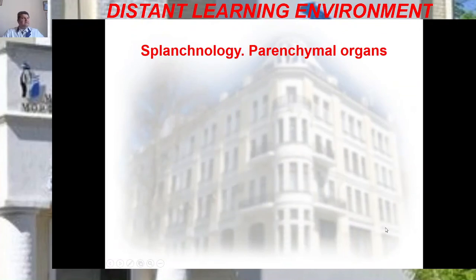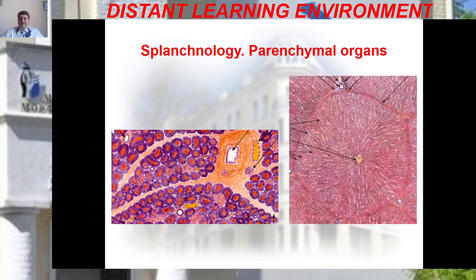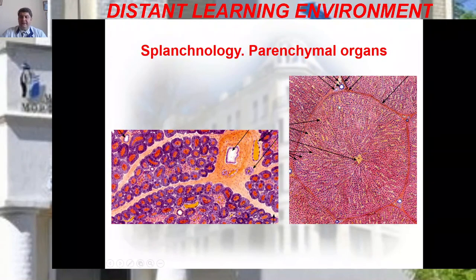So the next type of internal organ is parenchymal organs. For example, you may see on the left the histologic examination of the pancreas, and on the right the histologic examination of the liver. And so you can see two parts of parenchymal organs in this examination. First, cells form the parenchyma.